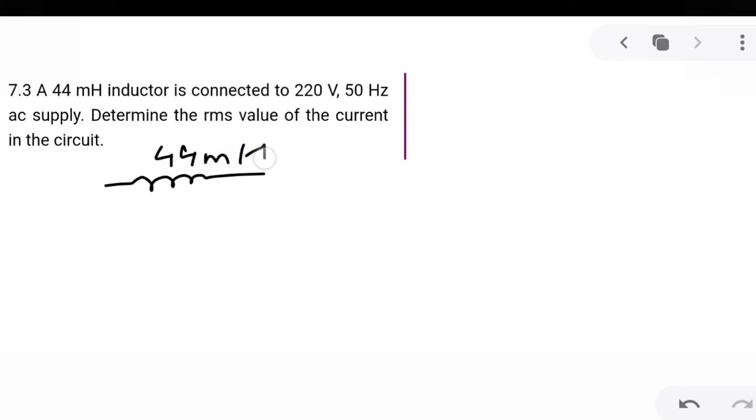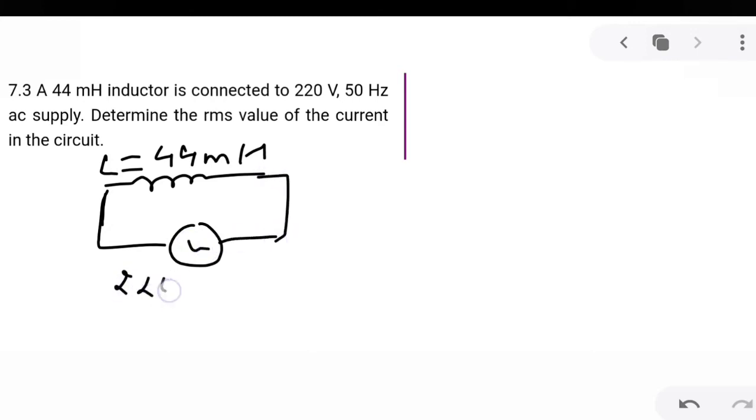So this is an inductor of inductance 44 millihenry. The symbol for inductance is L. This is the inductor with an AC source of 220 volt, and the frequency is 50 hertz.